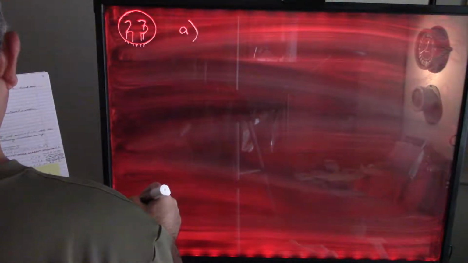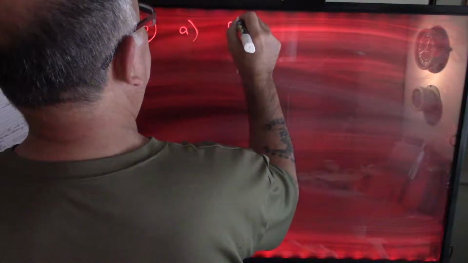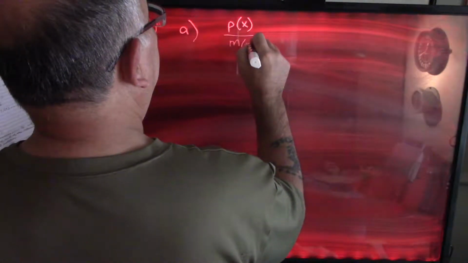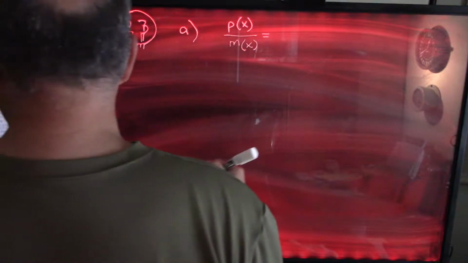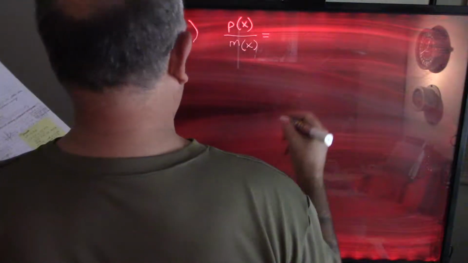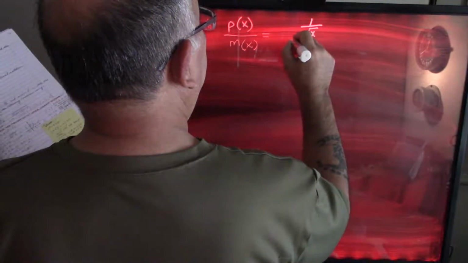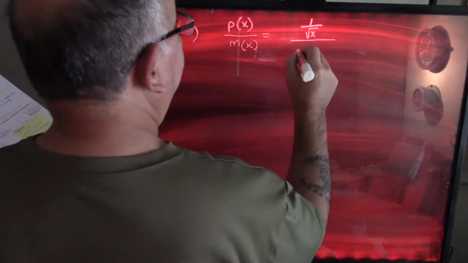But part A, let's see, we've got p of x over m of x. Okay, that's p of x is 1 over square root of x. And m of x is x squared minus 4.